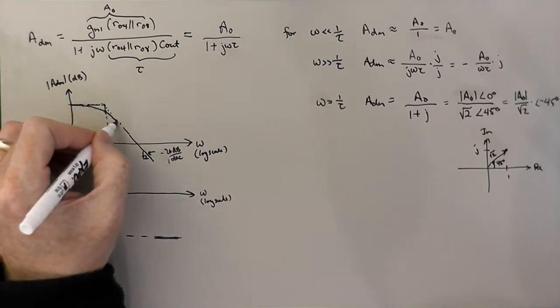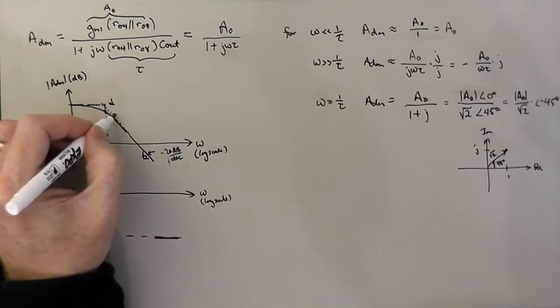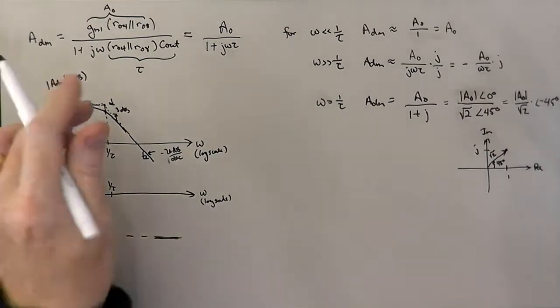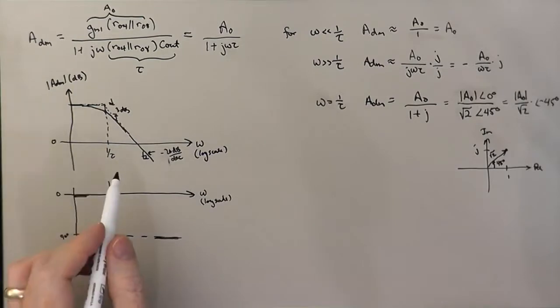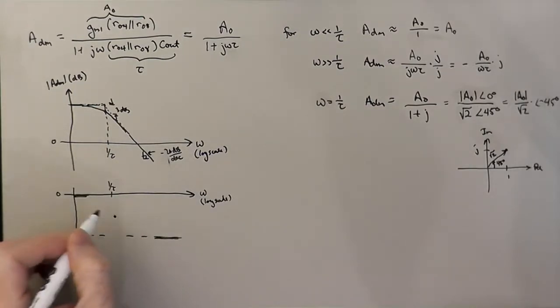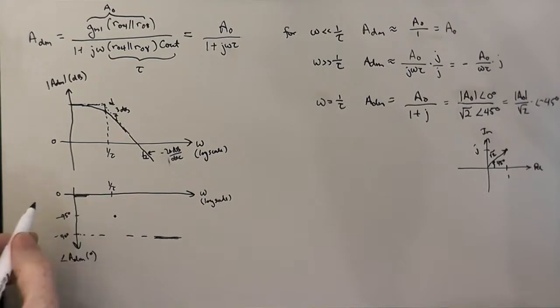So the curve goes something like this, and this is 3 decibels, the difference between the curve at the corner and the place where those asymptotes intersect. And then the actual curve is halfway between the 0 and the minus 90 at minus 45.